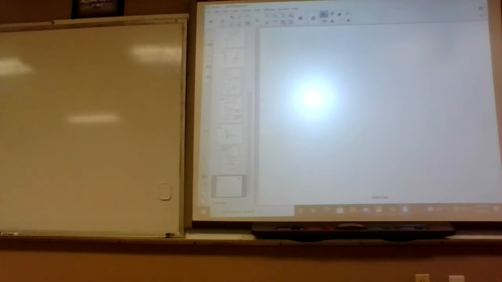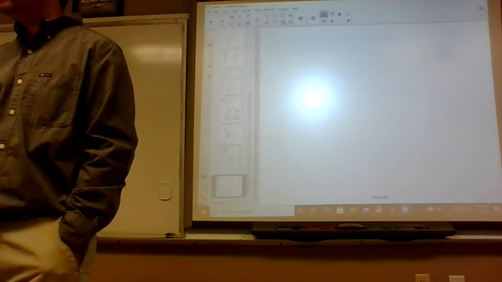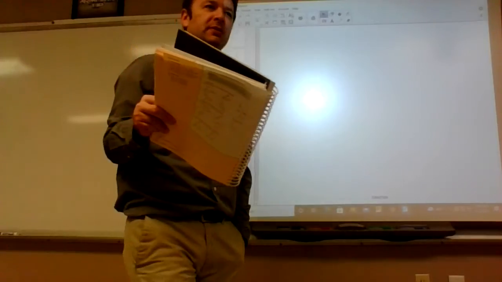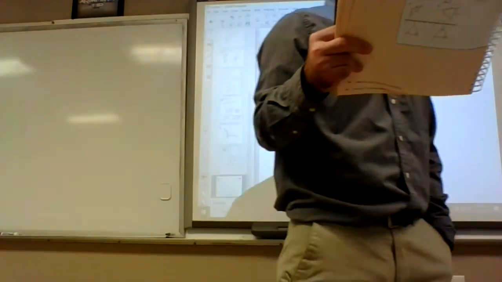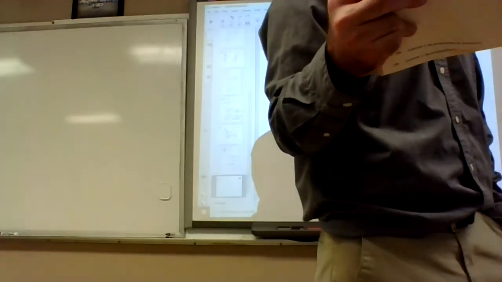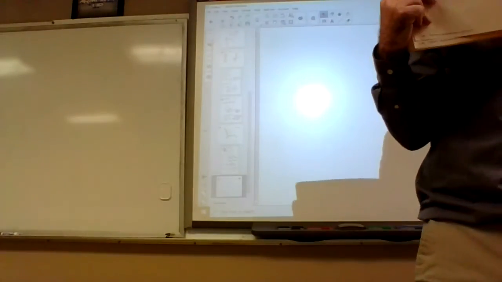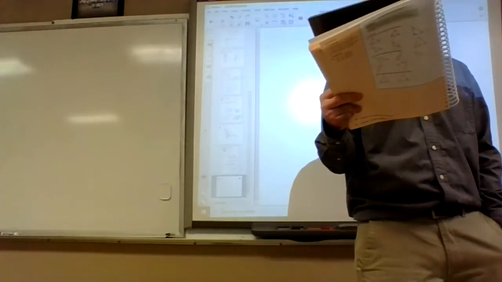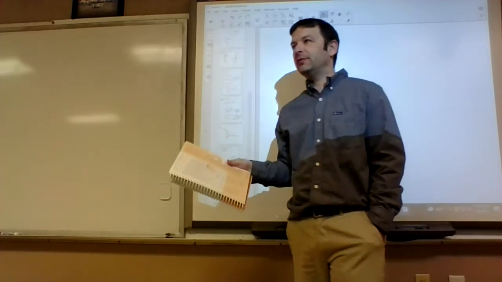How did he know that? Because it's across from the biggest angle on the right. But on the left triangle, it's the smallest side, because it's across from the smallest angle on the left triangle. So TR is the biggest of the right triangle, but it's the smallest of the left.